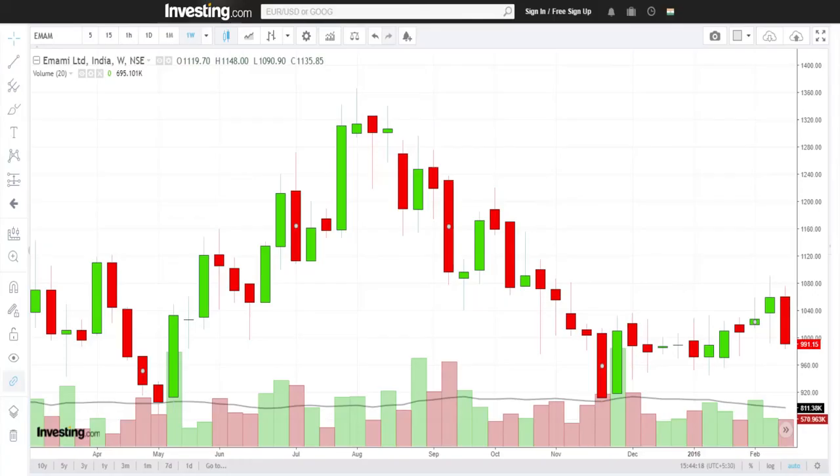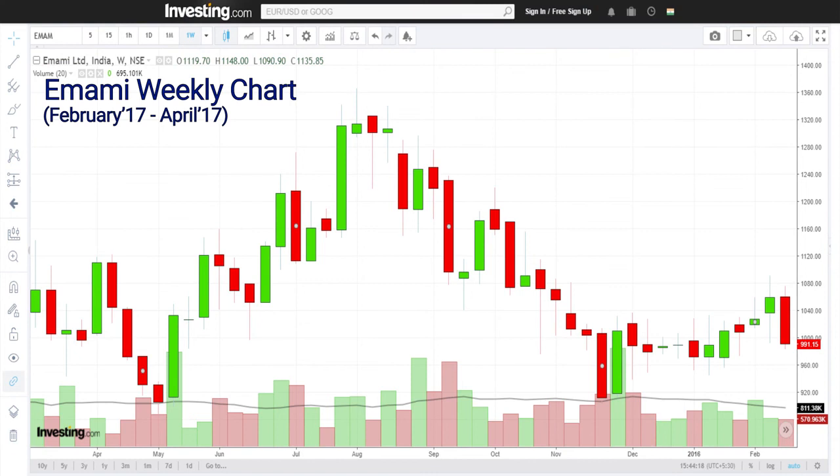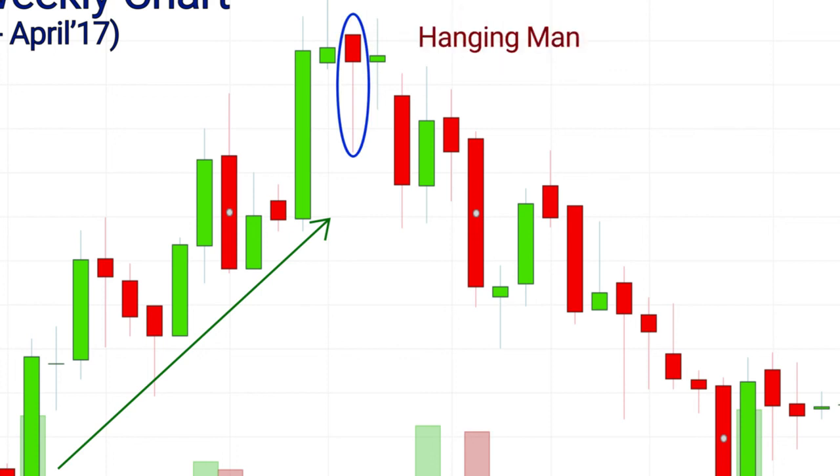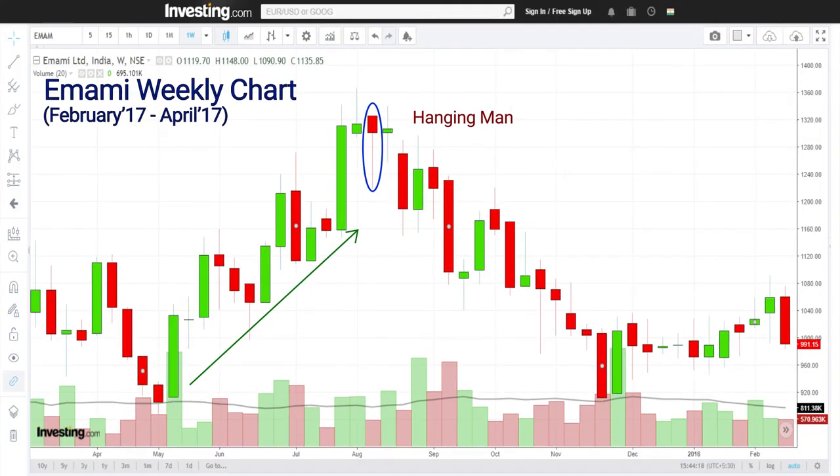Now we will see an example of a hanging man. Let us look at the chart. Here we are looking at the weekly chart of Emami. As you can see, first there was an up move, and then this hanging man pattern was formed. Before that there was a shooting star, and after that a hanging man kind of pattern formed.